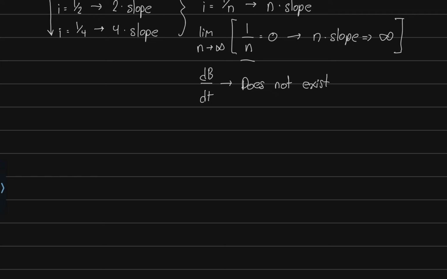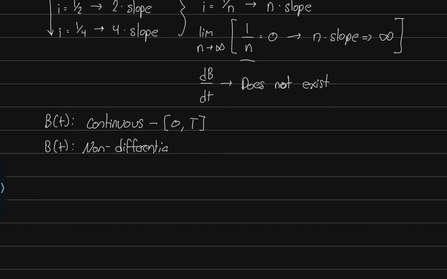This is interesting because B of t is continuous on the interval 0 to a final time, but B of t is also non-differentiable on the interval 0 to t.